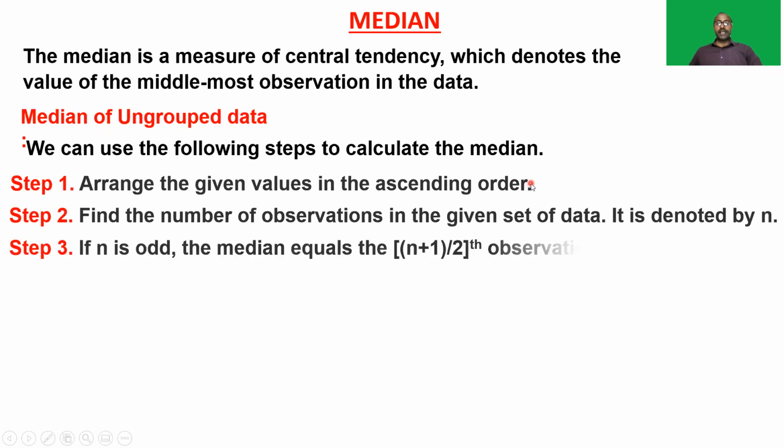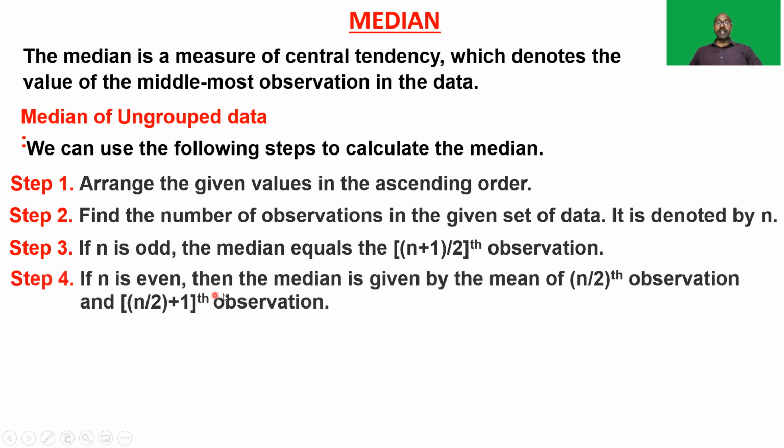And the third step is if n is odd, that is the number of observations is odd, the median equals the (n plus 1) by 2th term of the given observations.